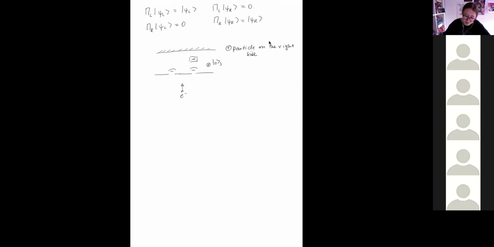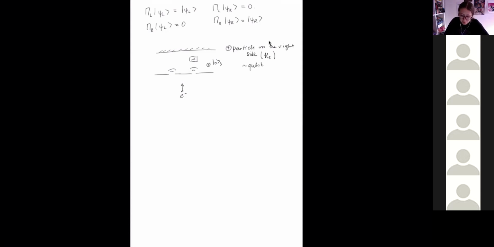And we describe this particle by its internal degree of freedom, which we denote as a state belonging to the Hilbert space HS. And we model it as a qubit, so as a two-level quantum system.